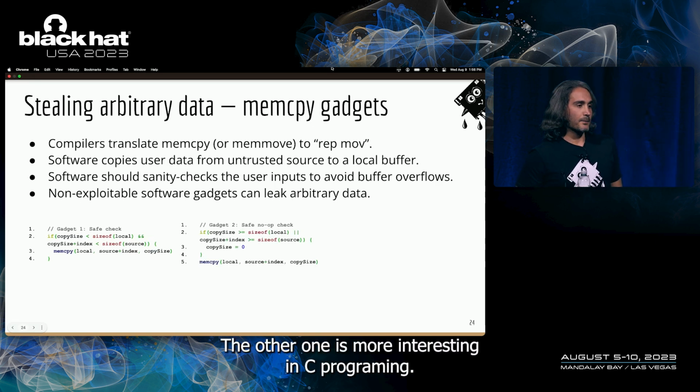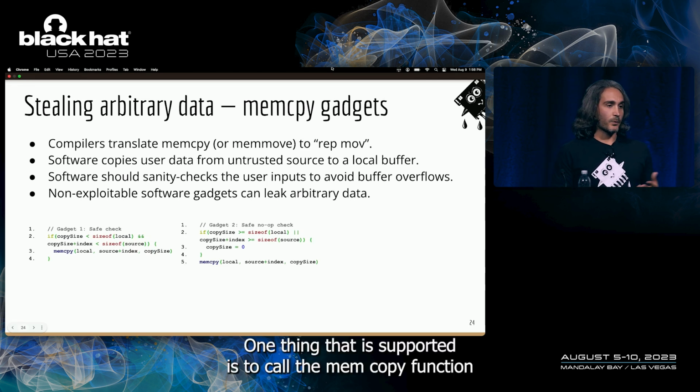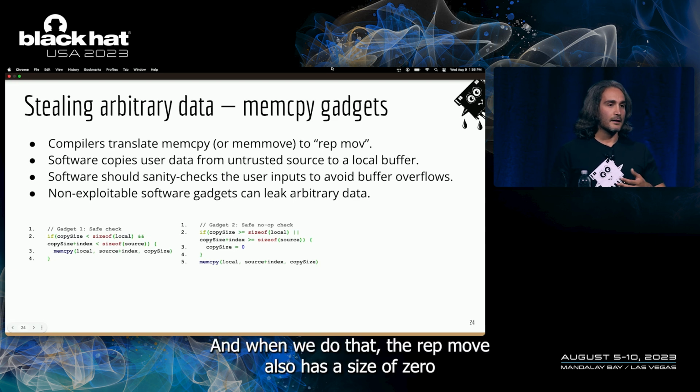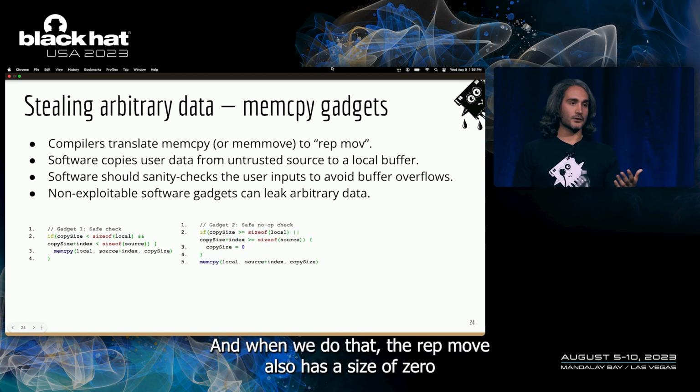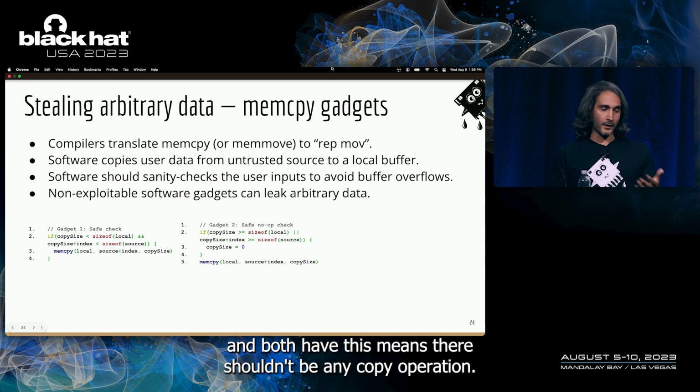In C programming, one thing that is supported is calling the memcopy function with a size of 0. When we do that, the rep mov also has a size of 0, and both of these mean there shouldn't be any copy operation.